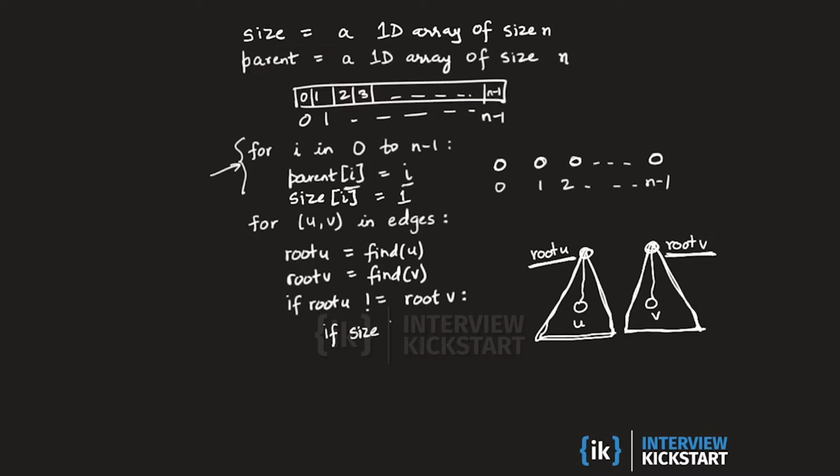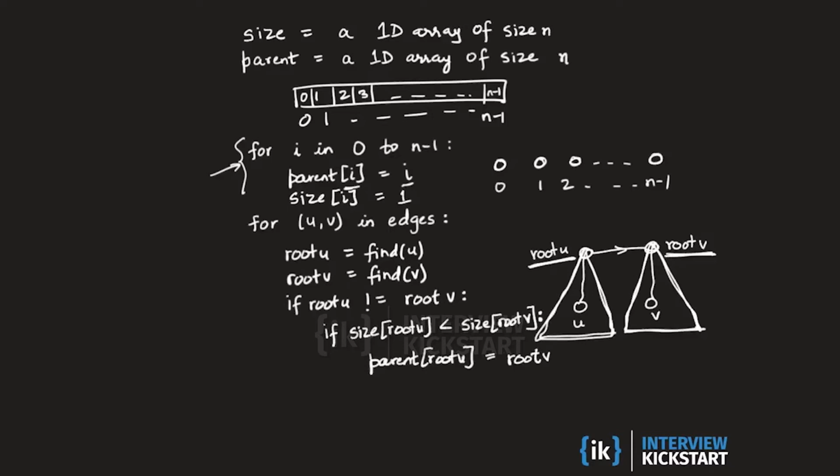Either the size of root u is less than the size of root v, and this could be less than or equal to, but let's say it's less than, then we know that we have to basically make the parent of root u to be root v. So we're going to set the parent of root u to be root v.